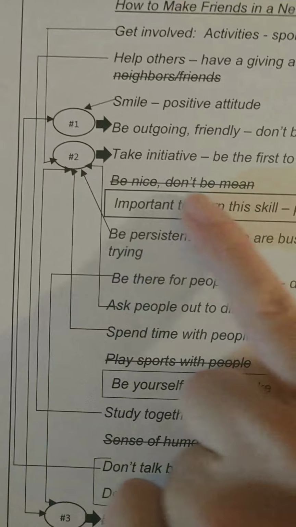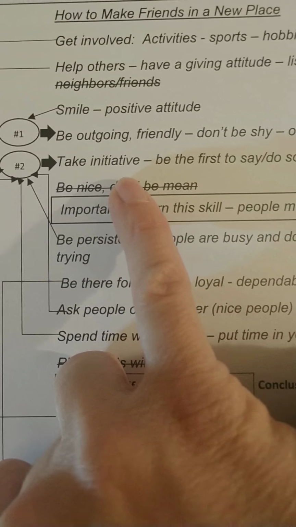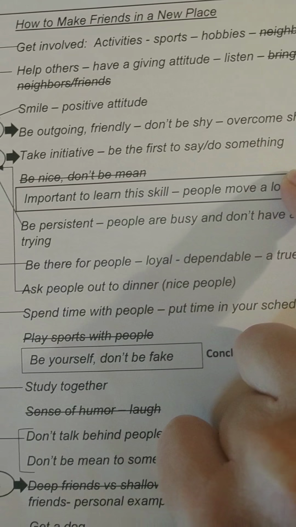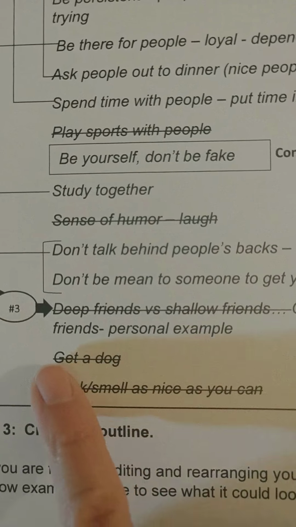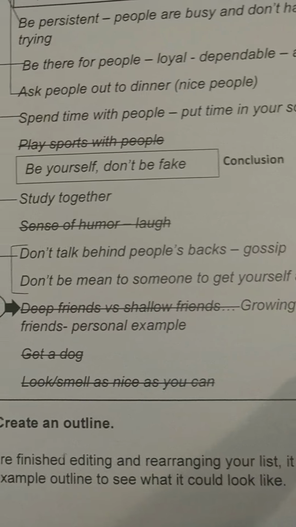Number 2, take initiative, be the first to do something. And number 3, I did the one down here. Maybe these are not the best ideas. Maybe you have better ideas and that's fine. I was creating this to follow a student's essay.